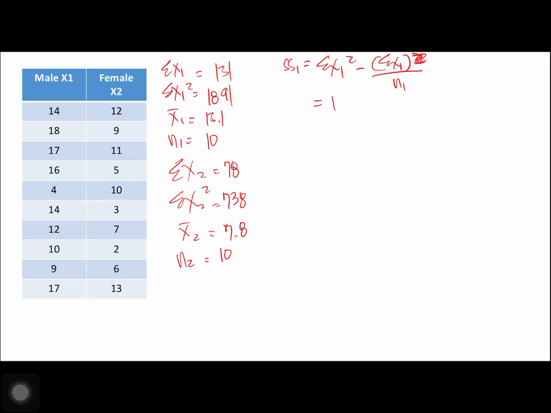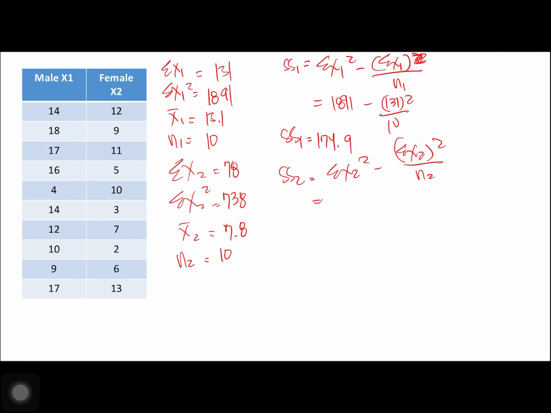So we have here 1891 minus 131 squared over 10. SS1 is equal to 174.9.